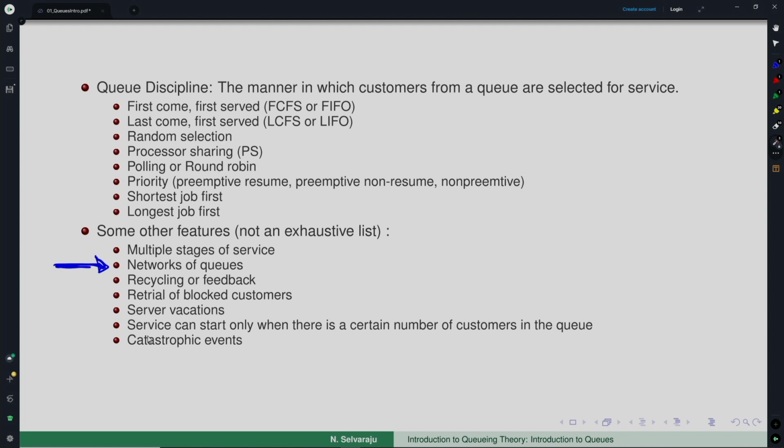Now, what happens after one vacation? It could be a single vacation and he comes back and waits for customers to come, or whenever he sees the system is free, he can go for a vacation again. So, it is called multiple vacation. Again there could be different variations in that, okay. And there could be variations, for example, something called working vacation, meaning that in the working vacation situation it may serve at a lower rate, okay.